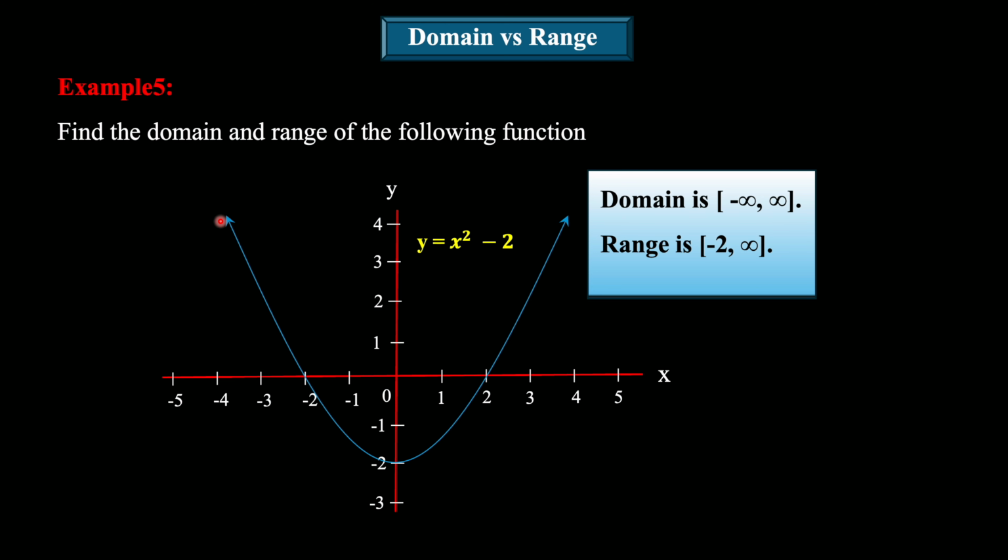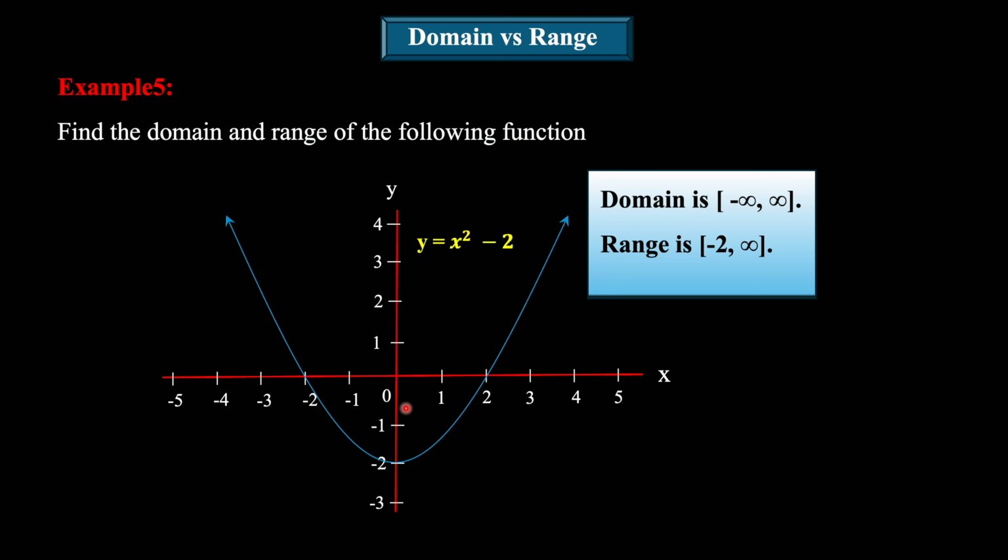Why? Because our curve is coming from minus infinity on the x-axis, it decreases until minus 2, then it increases and continues to plus infinity. That's why our domain is from minus infinity to plus infinity.